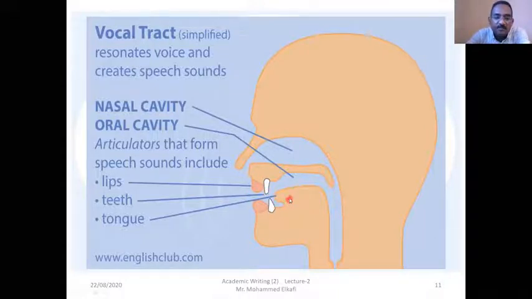Also we'll find the two lips, the upper lip and the lower lip. When they make this form, we'll find a sound such as pa produced.